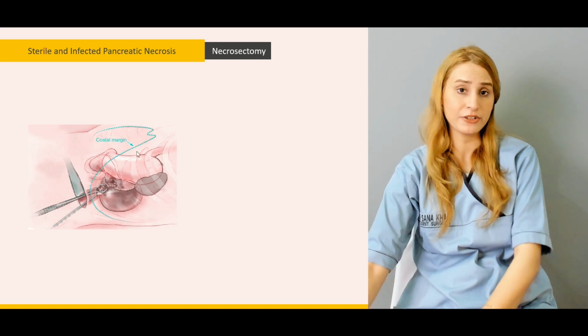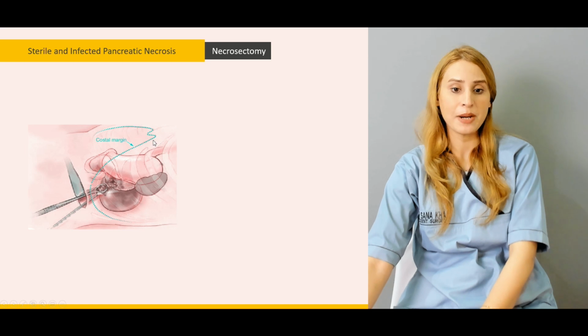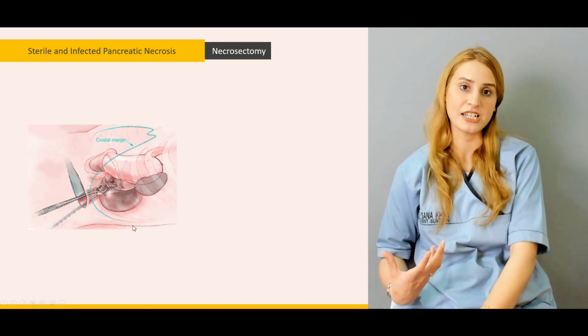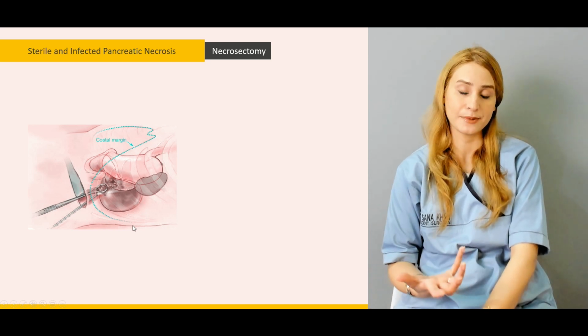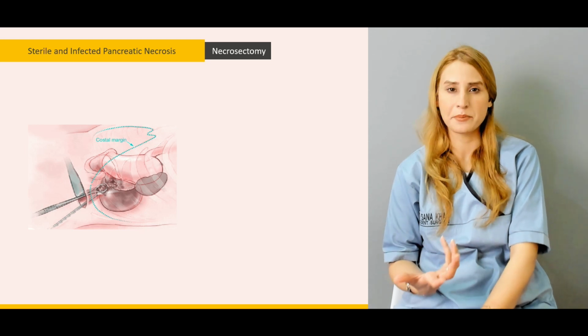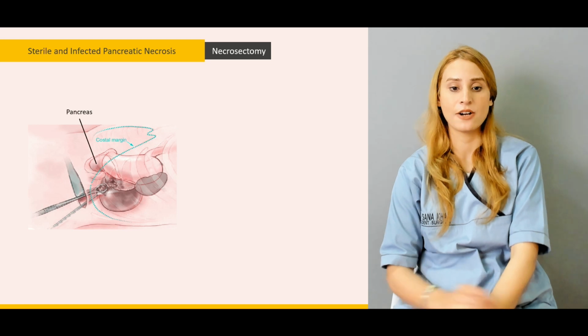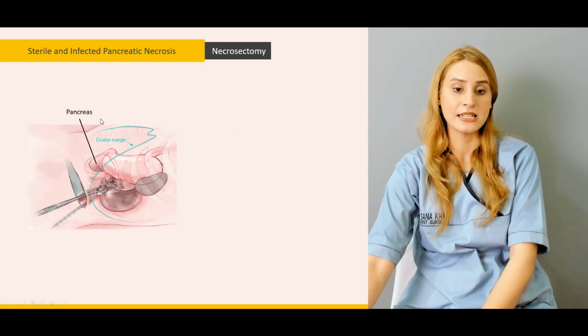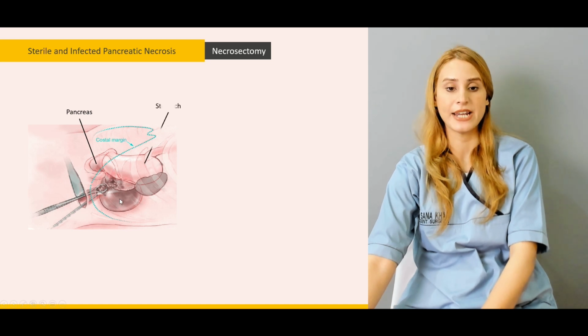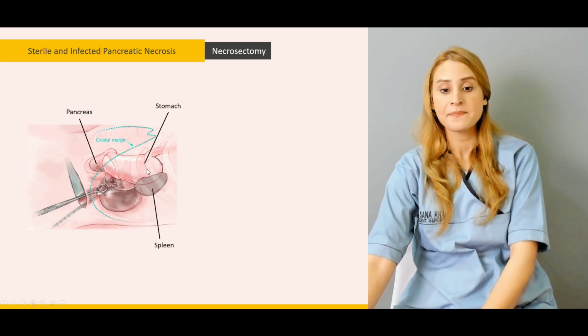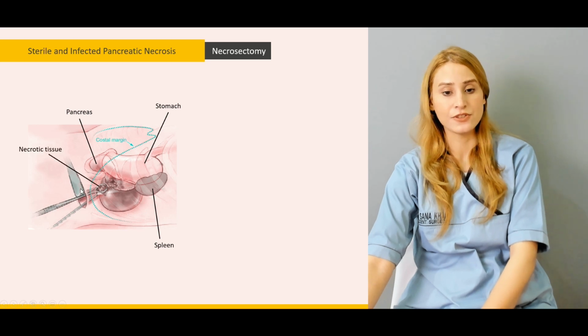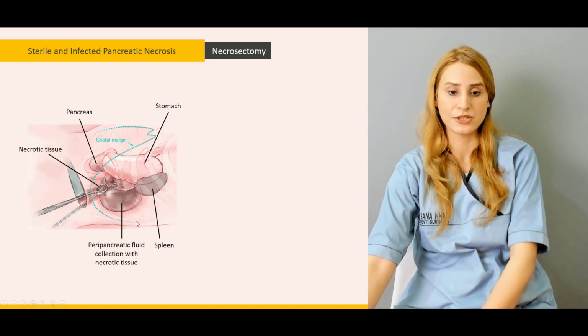It's a similar incision along the costal margin, and you're approaching the patient from a left lateral position and giving a subcostal incision. It's also called a lumbar incision, an extended subcostal incision to the back, and that's how you try to get access to the head and to the body and the tail of the pancreas. You mobilize the other structures, and you do the debridement of the necrotic tissue.